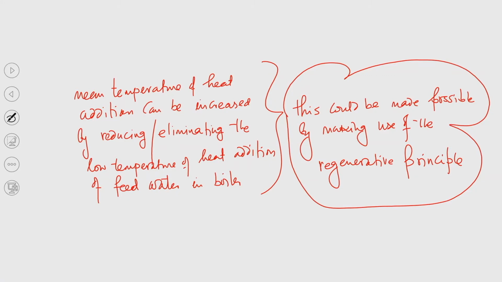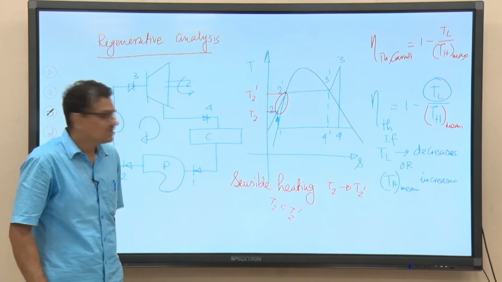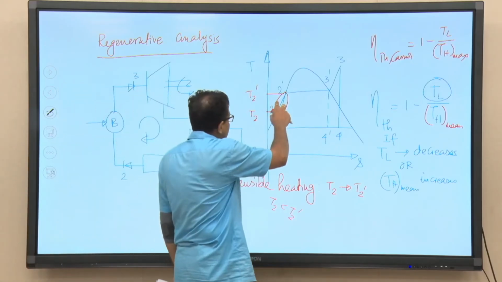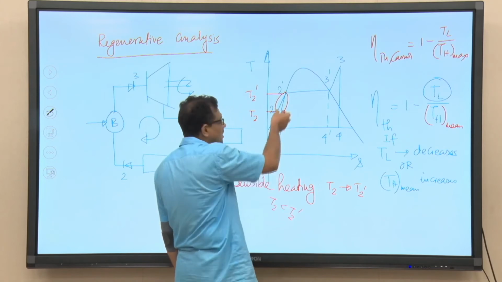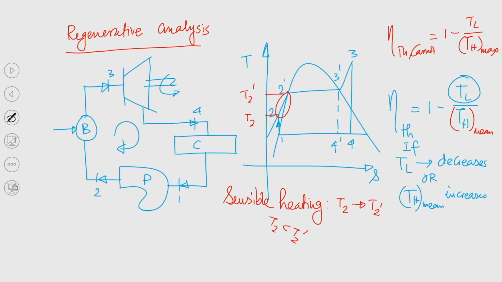If I go back to the previous slide, you can see that when feed water is pumped to the boiler, before it goes to the boiler, if we can increase the temperature of feed water by some other means, then perhaps we can increase the mean temperature of heat addition.